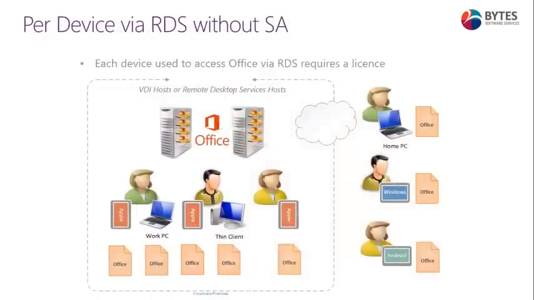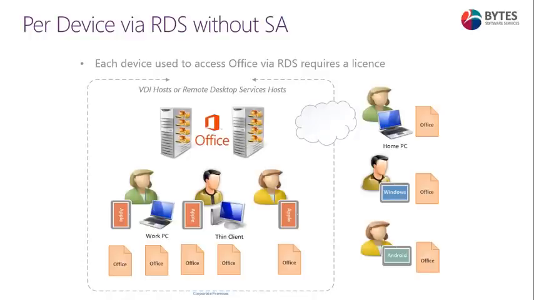So I'll give you an indication of how Office 365 can reduce the number of Office licenses you require. Within the dotted line there is the corporate premises. We've got Office deployed on the server, either via virtual desktop infrastructure or through remote desktop services.